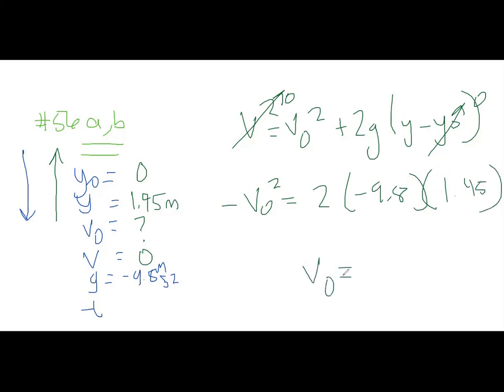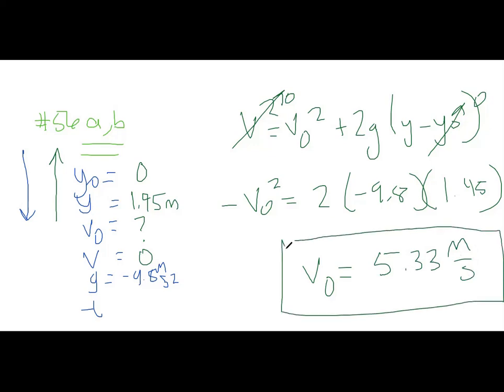V naught equals, oh, that's not right. Can't type in my calculator all of a sudden. 5.33 meters per second. I'm hoping that's less than the other one was. I'm sure it is, not much.